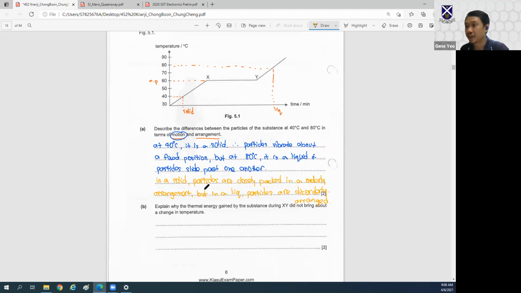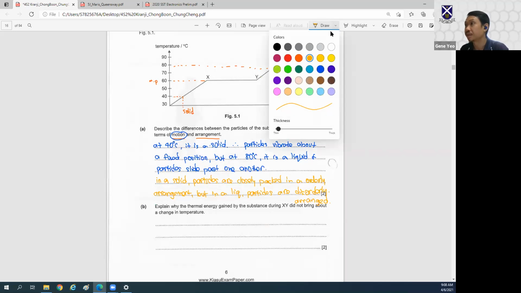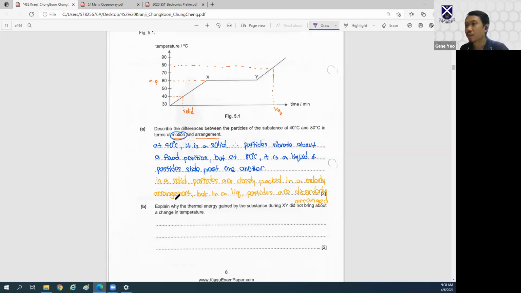Okay, next, part B. Part B says, at XY, the thermal energy gained by the substance did not bring about a change in temperature. So the thermal energy gained by the substance is used to break the intermolecular bonds, right?